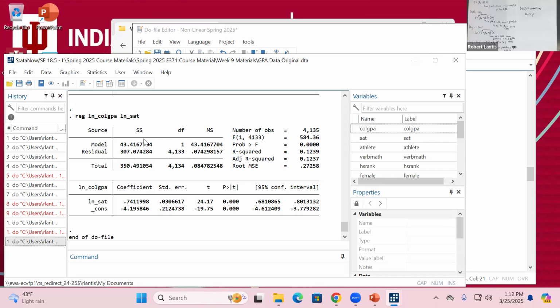Otherwise, I can only say that the natural log of SAT explains more of the variation in the natural log of GPA than SAT explains in the variation of GPA, but I can't say which of these captures the relationship better because the variation is going to be different between those two models. So just because I can explain 20% in one and 15% in the other, the variation that existed in one of them might have been a lot higher than in the other. Yep.